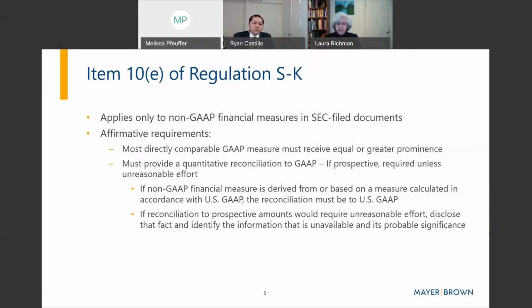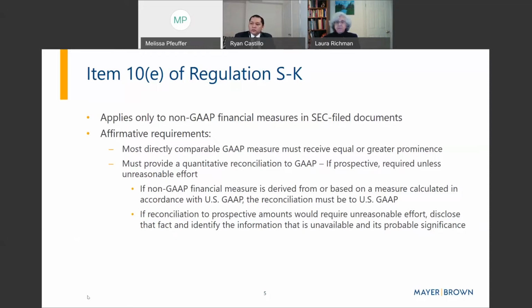But this slide is talking about Item 10(e), and it specifies that the non-GAAP measure must be accompanied by a presentation of equal or greater prominence of the most directly comparable GAAP measure, along with a reconciliation to that measure.